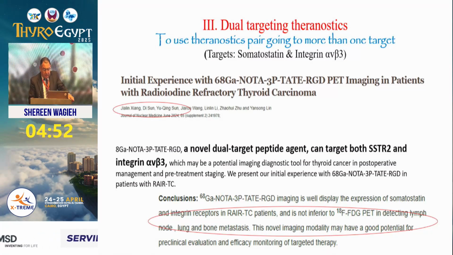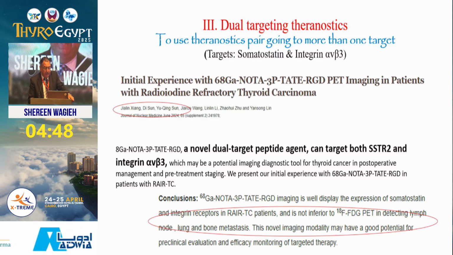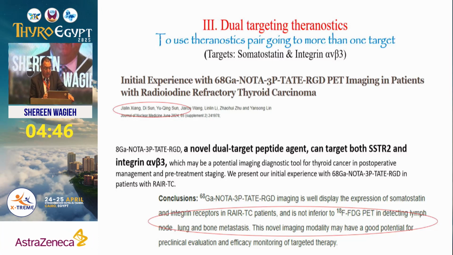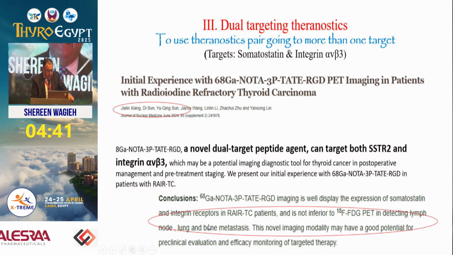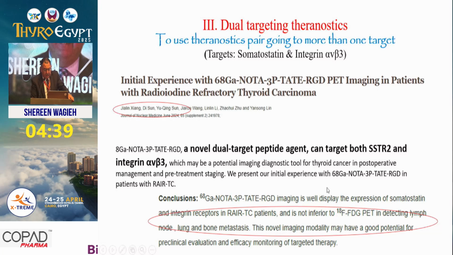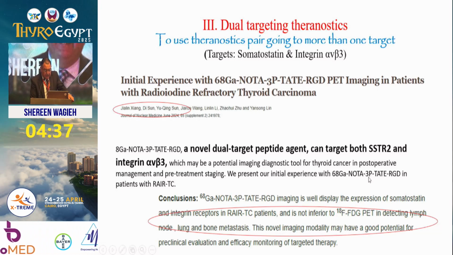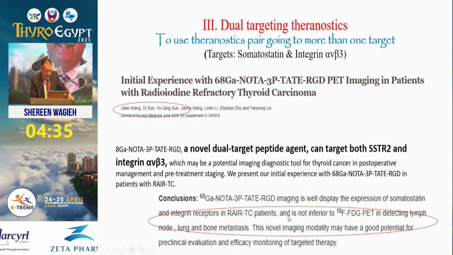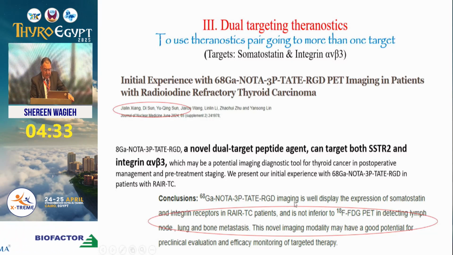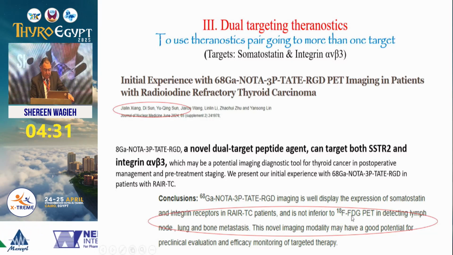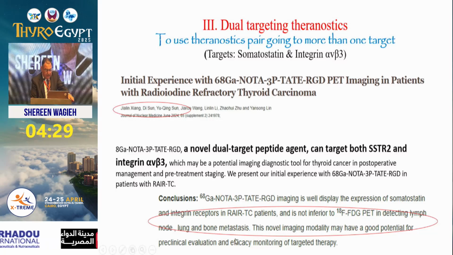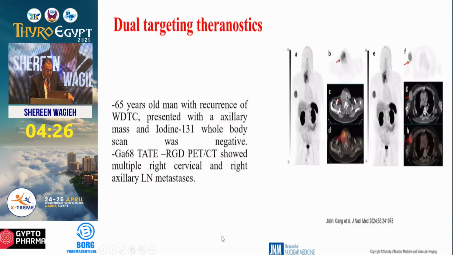Finally, for those with TENIS syndrome, there is a new method named dual targeting theranostics. The idea of this is to use a theranostic pair going to more than one target. In this paper in 2024, the targets are both somatostatin and the integrins. This trial stated that the diagnostic performance is not inferior to FDG PET-CT in detecting lymph node, lung, and bone metastatic lesions.